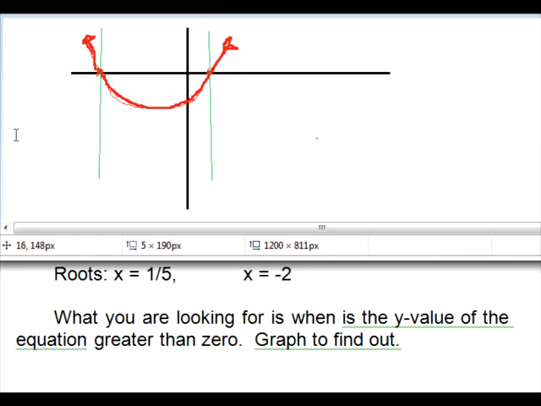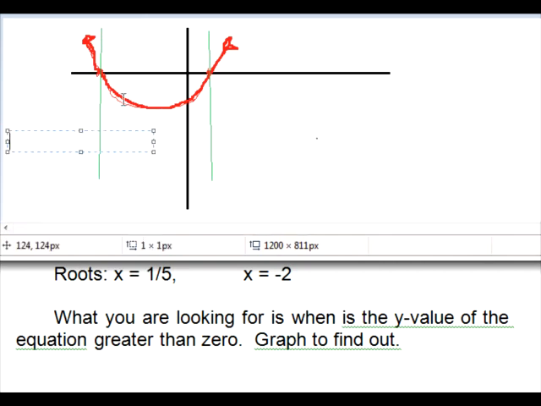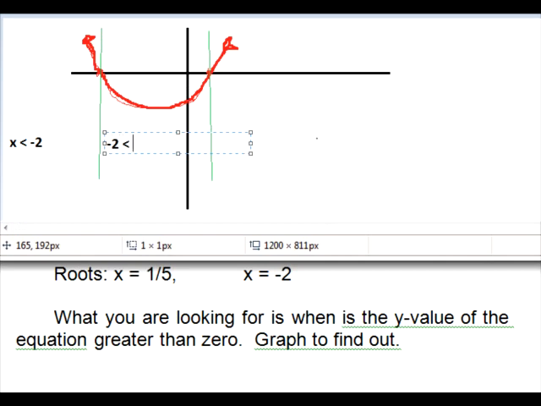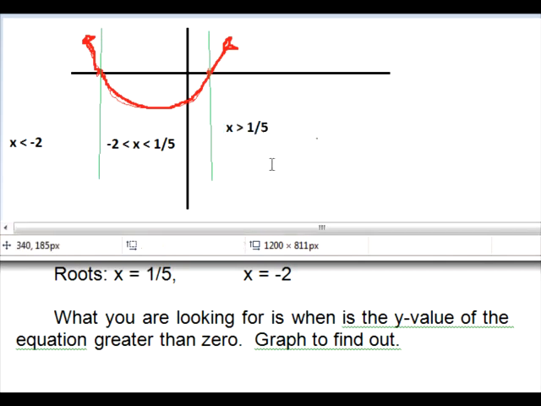The graph on the left is going to be x is less than negative 2. The graph in the middle is going to be negative 2 is less than x is less than 1/5. And on the right is x is greater than 1/5. Again, this should look familiar from our interval charts on the reciprocal graphs.